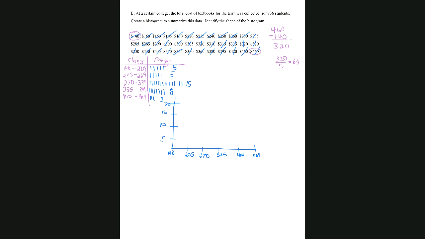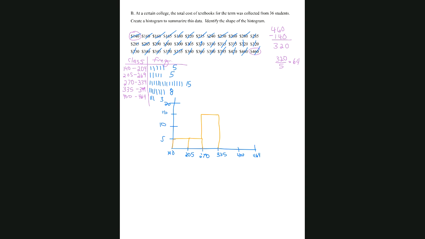So now I'm going to draw my bars. In the first class, I have 5. So I'm going to go up to 5, and that's that bar. In the second class, I have 5 as well, so I'm going to go up to 5 and come down. In the next class, I have 15, so I'm going to go up to 15 and come over.